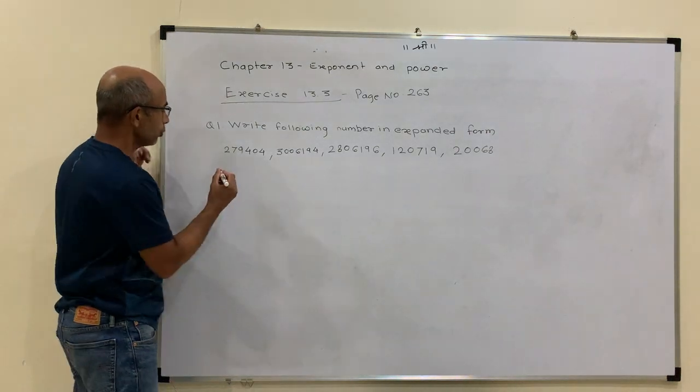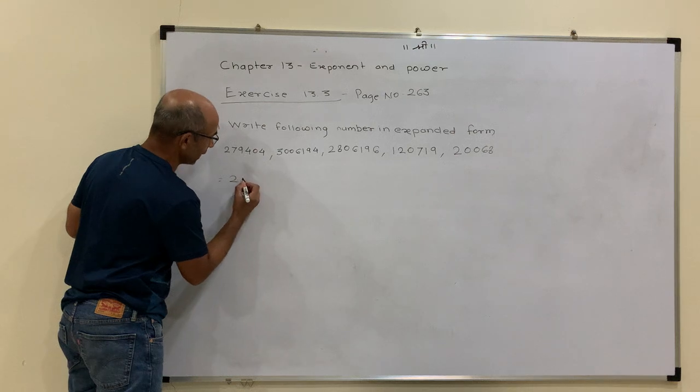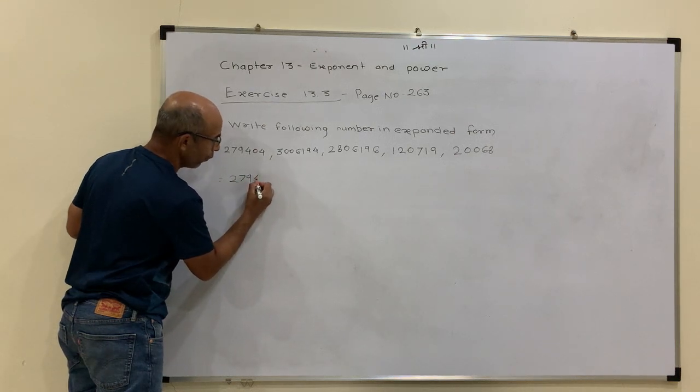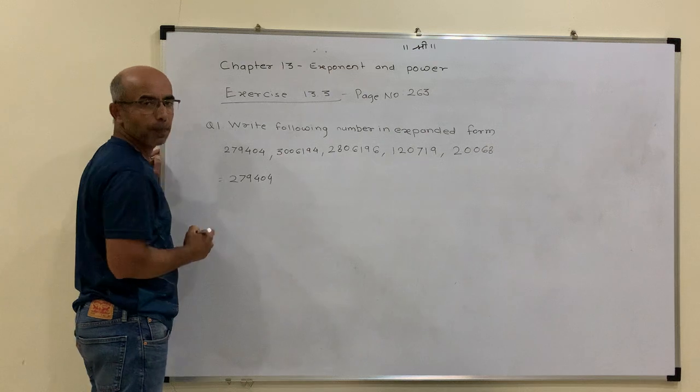So now to write this number, I am writing 279404 in expanded form.